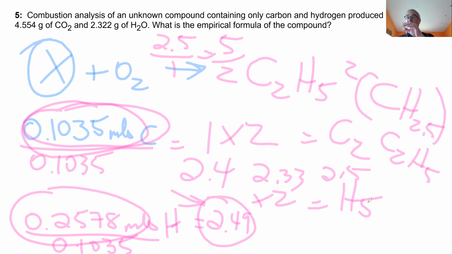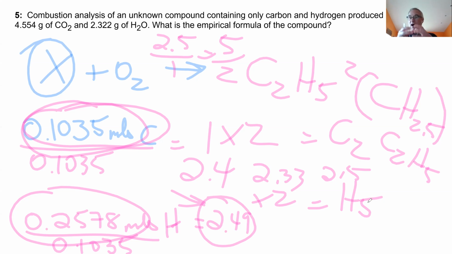But yeah, we're going to have a lot of these sort of questions. And sometimes there's going to be oxygen in the compound. When we do that sort of question, we're going to have to figure out how much carbon and how much hydrogen, and the oxygen we're not going to be able to calculate directly, because when we burn that compound, it's going to be in the presence of a high concentration of oxygen.